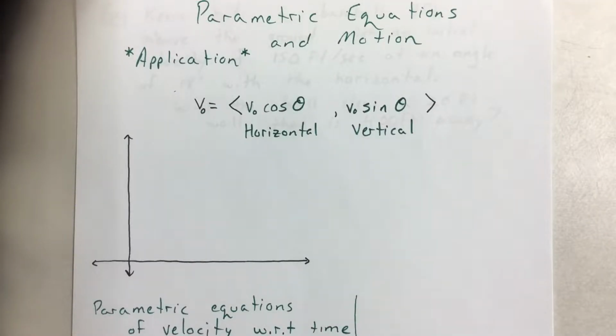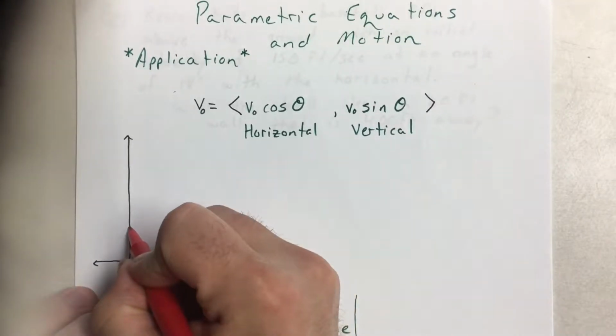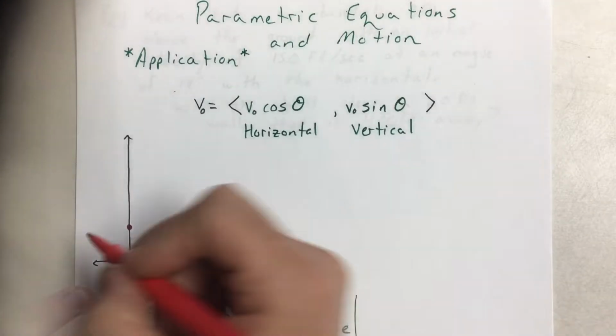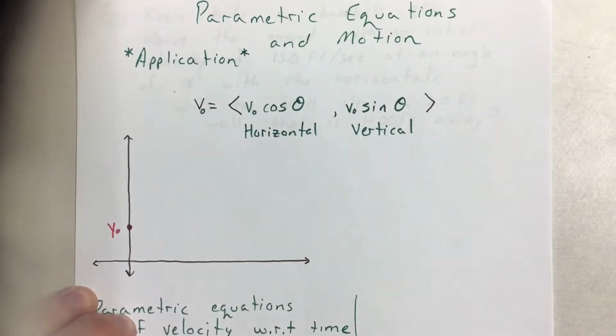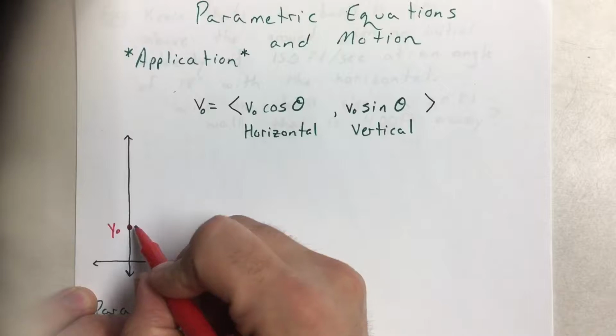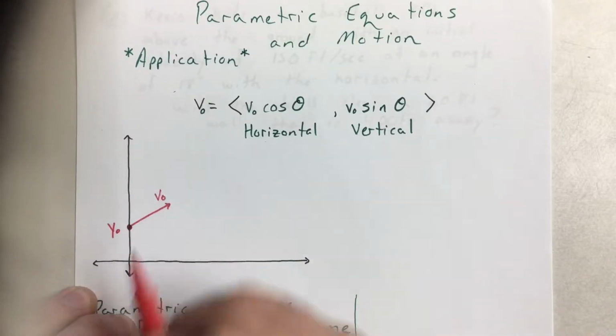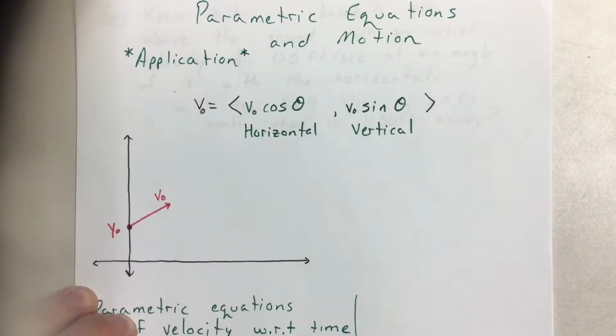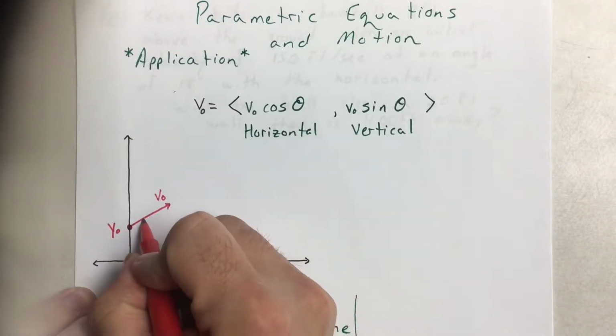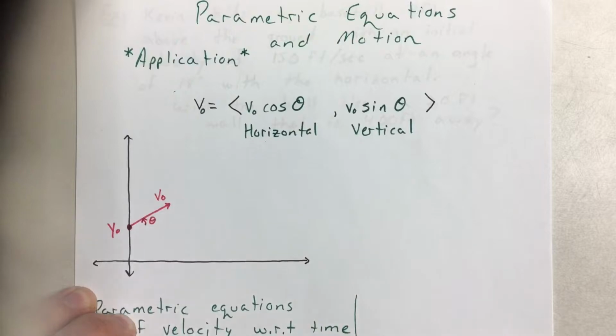Let's have a quick visual of what is going on here. Let's say that we are launching something and we are above the ground a little bit. So this is our initial height, y sub 0, and we have its velocity, v sub 0, given to us, as well as the angle at which it is launched.